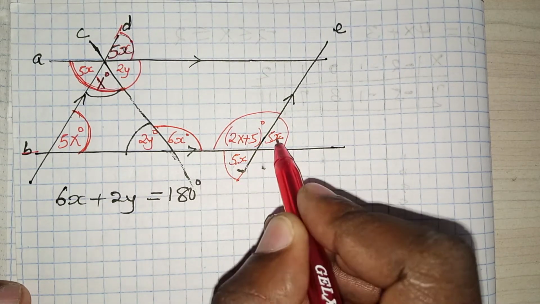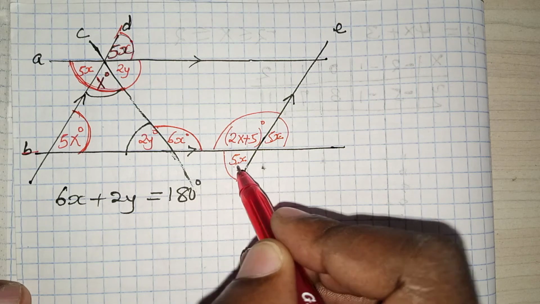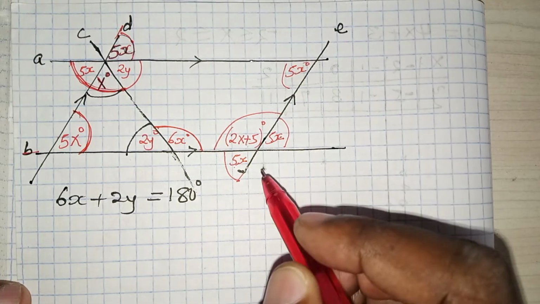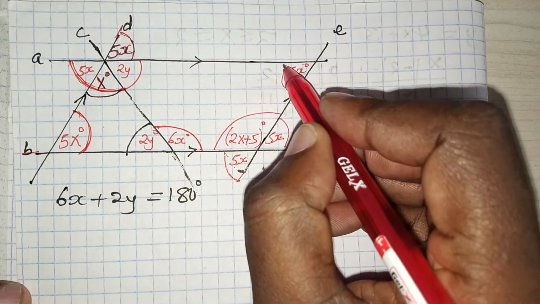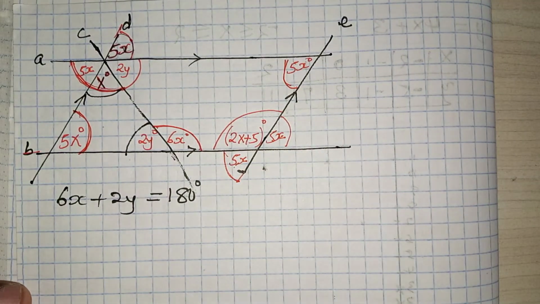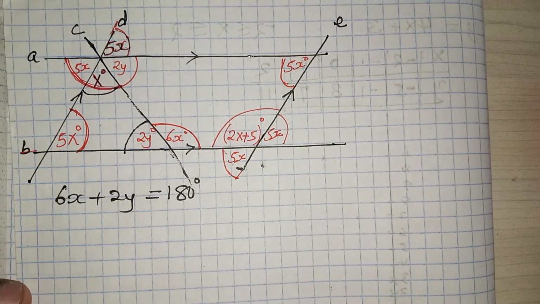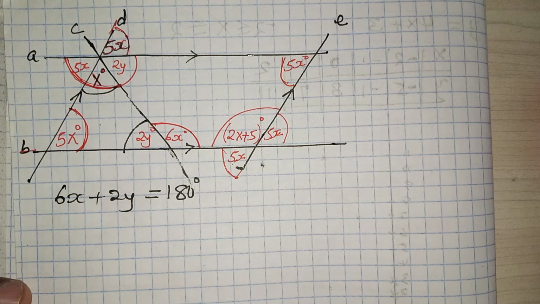And if this is 5x, then this is also 5x degrees because, again, this angle corresponds to that.